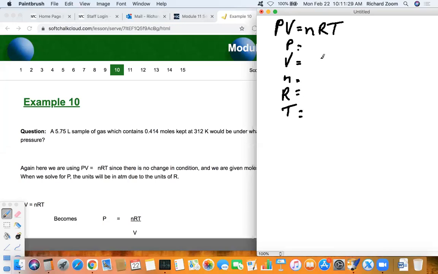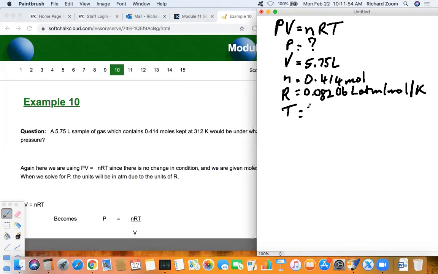So the pressure here is what we're looking for. The volume, well, it's already in liters, which is good. The N, 0.414 moles. R is always going to be predefined, liters, atmospheres per mole per Kelvin. And the temperature here is 312 K.